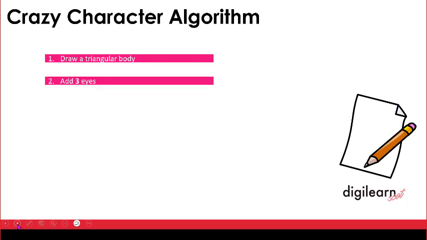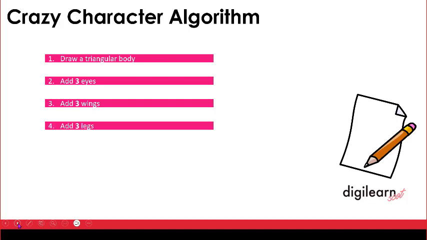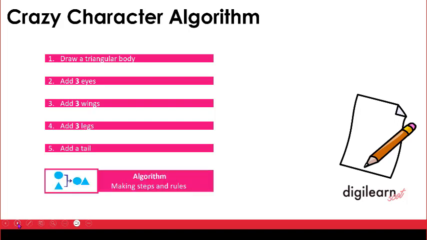And then can everyone please add 3 eyes? And then 3 wings, 3 legs please, then a tail, and that is our finished algorithm.